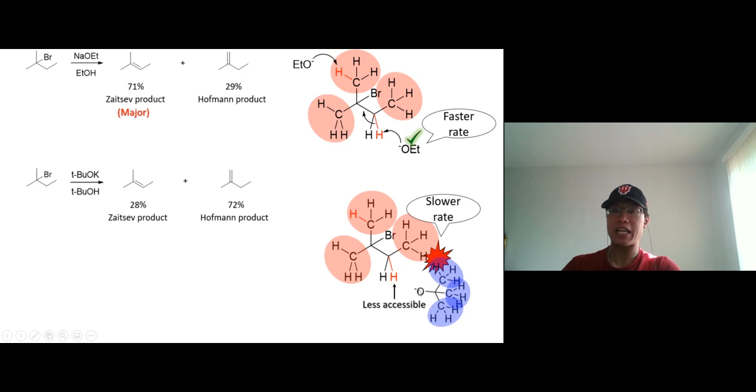It's too sterically hindered and not accessible compared to the outside one. So the E2 from the outside beats the E2 from the inside. That's why the big base favors the Hofmann product, because it's easier to grab that proton. The rate of the E2 on the inside of the molecule is much slower than the outside. So we have the major product there.